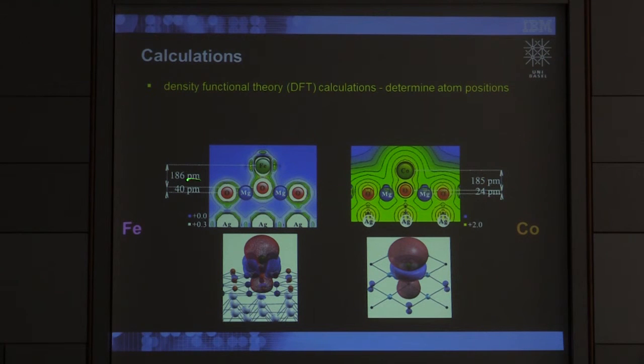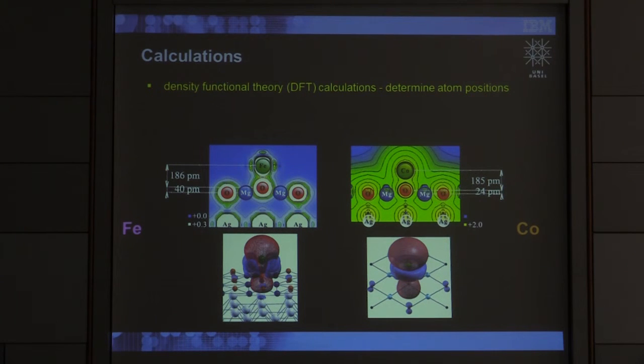And the structures are slightly different, as you can see. These DFT calculations can also give us the spin density, which, as you can see, looks quite a bit different between iron and cobalt on this surface. Here it's more with 4 lobes, while for the cobalt it's pretty cylindrically symmetric.